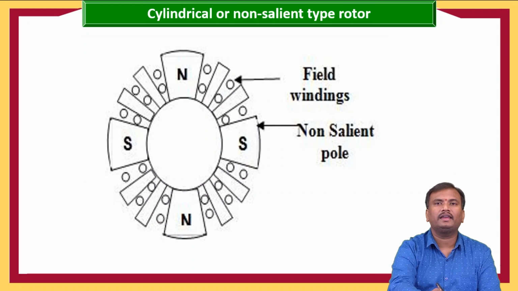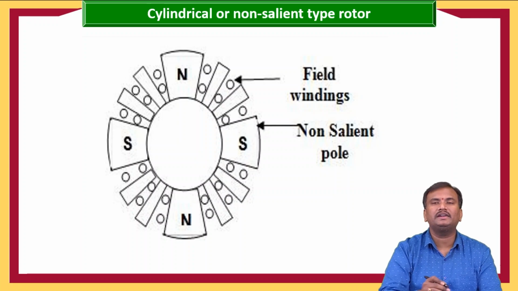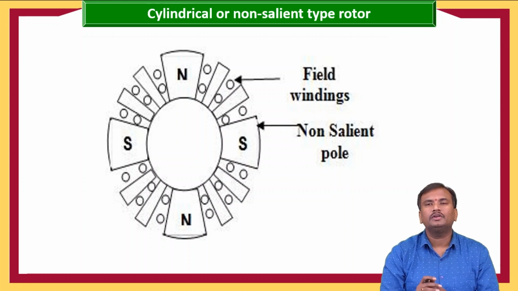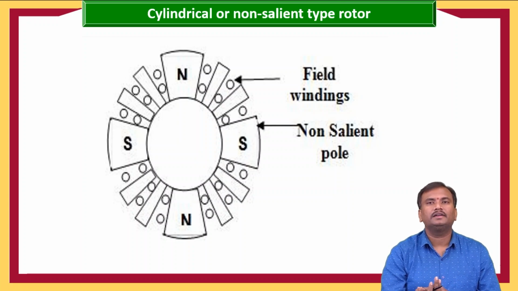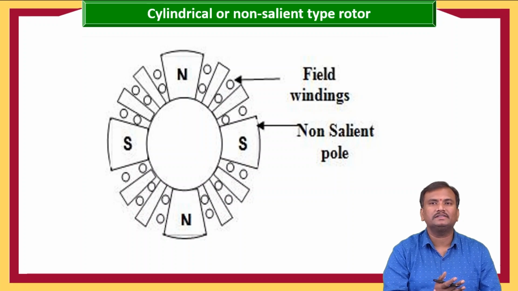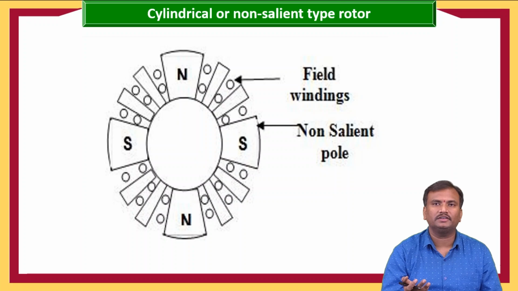It has a complete circular shape, so the flux distribution in this machine is uniform. When the flux distribution is uniform in the alternator, the EMF generated is also uniform, and there are no mechanical disturbances because of non-uniform flux distribution.